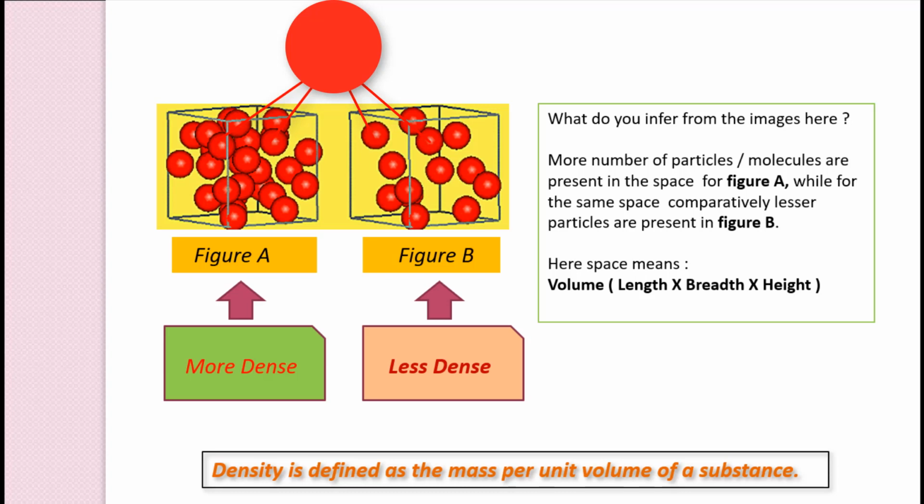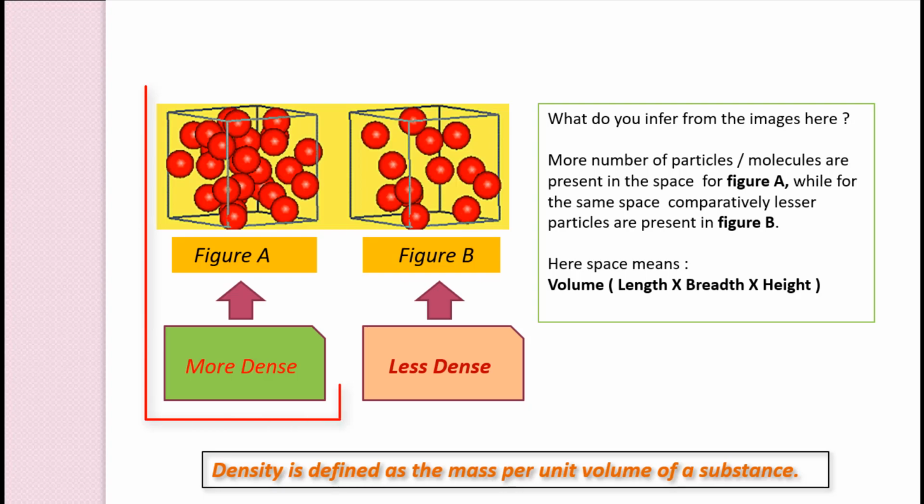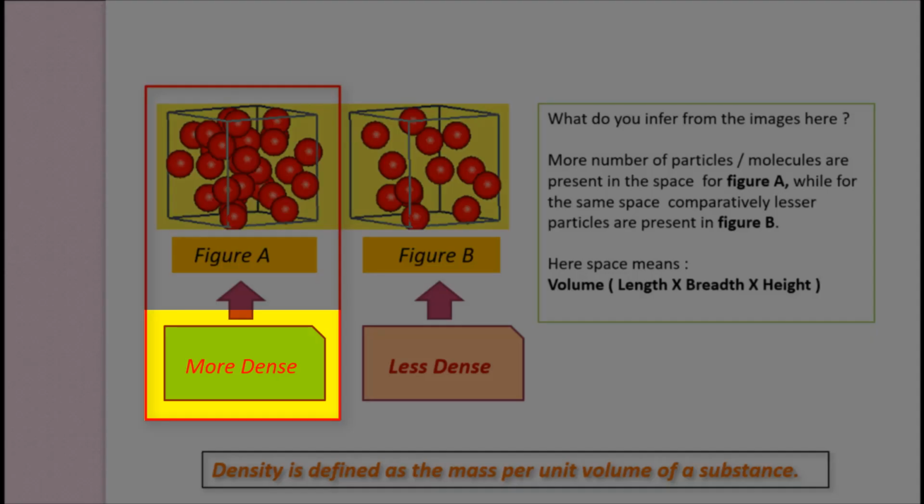These red color particles are analogous to molecules, which make up matter. What do you observe in figure A and figure B? In figure A, the number of particles present in the same volume is more than the number of particles in figure B. Hence, we can say that the density of A is more than the density of B.